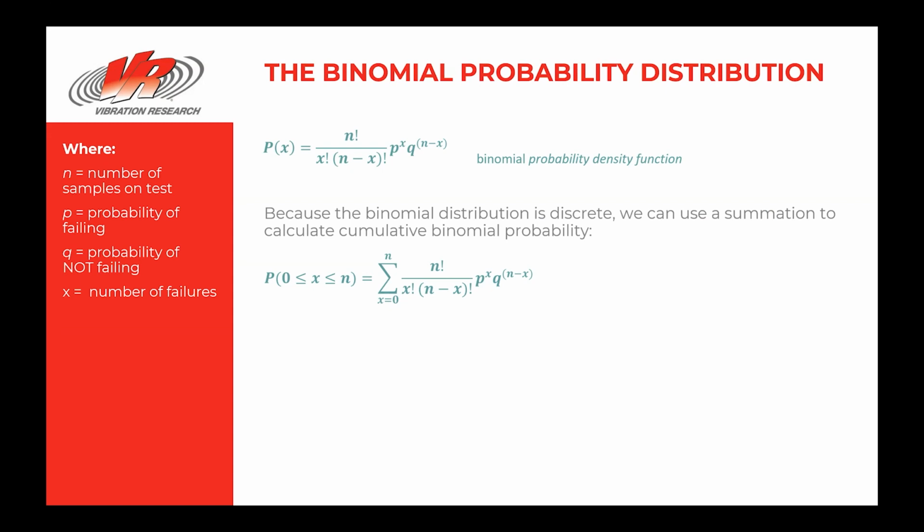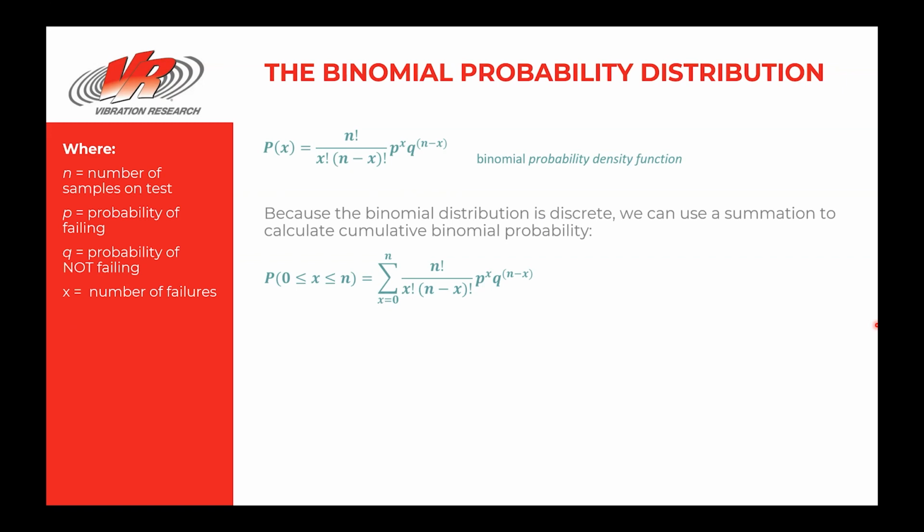Note that because the binomial distribution is discrete, we can use a summation to calculate cumulative binomial probability. So in that case, we just sum from 0 failures up to however many possible failures we can have, given how many samples we have on the test, and we plug it into our binomial formula, and we add those together, which works because they're independent and discrete.